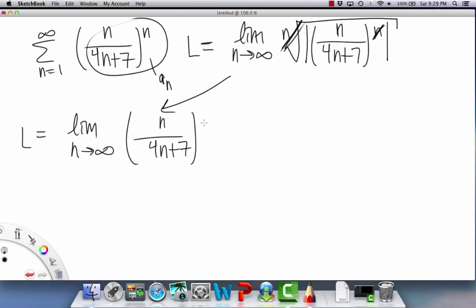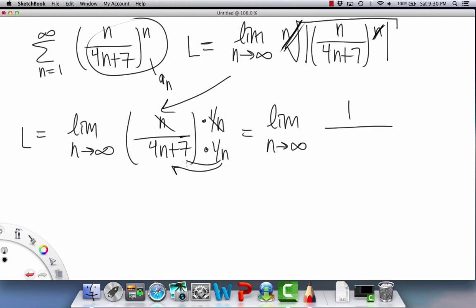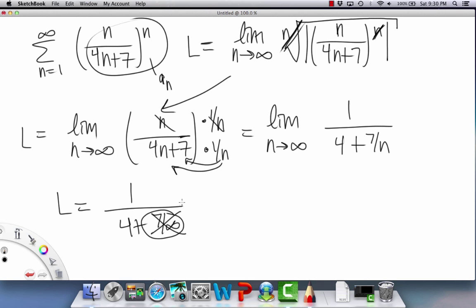And now we're just going to evaluate this like any other limit. On the top, I'm just going to multiply times 1 over n on both top and bottom to simplify the top to 1. Then on top we have 1. And on the bottom, if we distribute this in to each term, we get 4n over n, which is just 4, plus 7 over n. And now I can just plug in infinity. So our big L turns out to be 1 over 4 plus 7 over infinity. And this term right here goes to 0, basically.